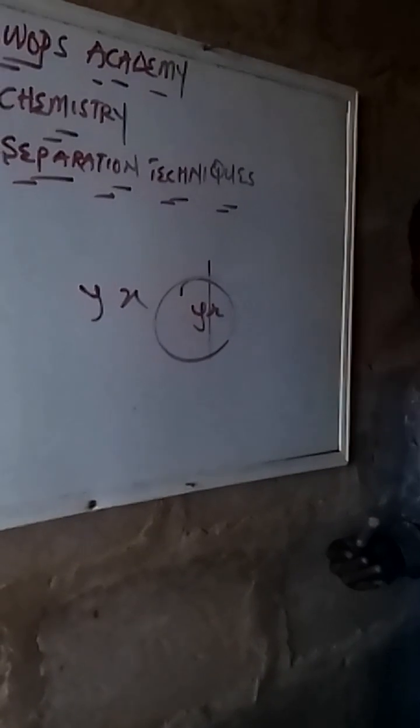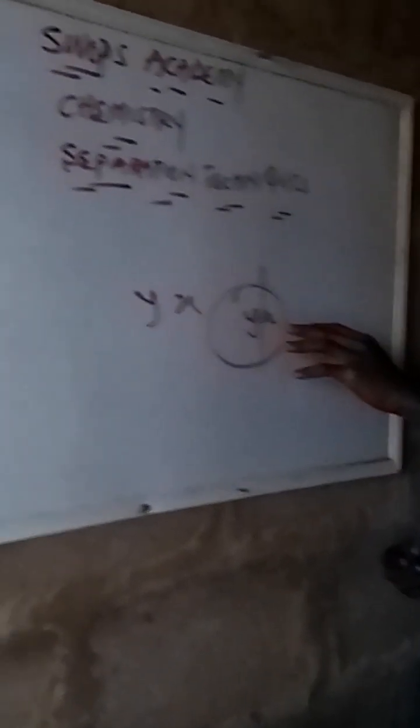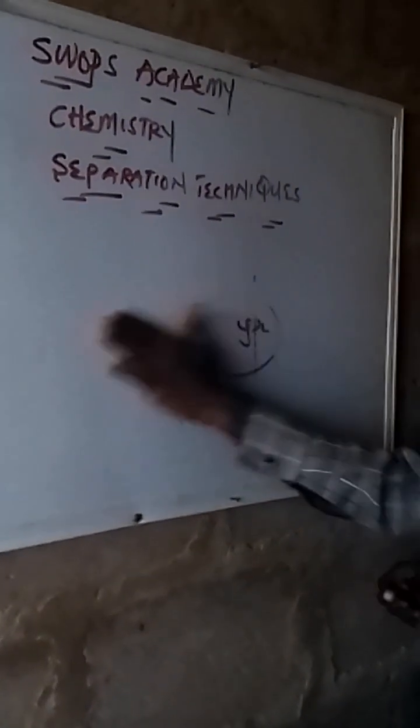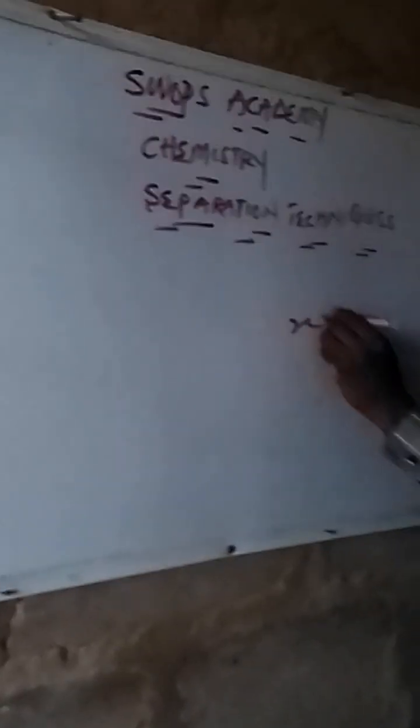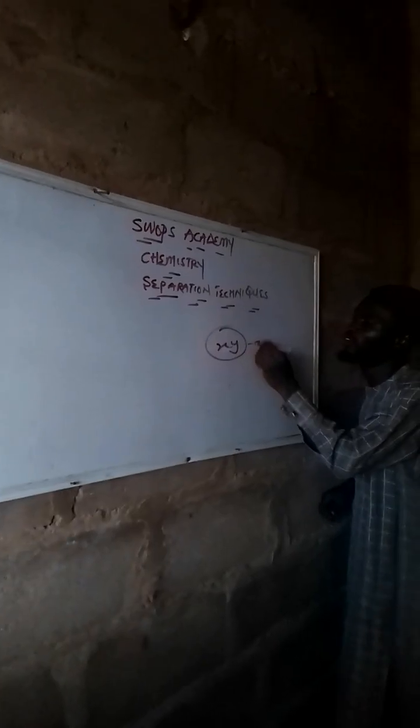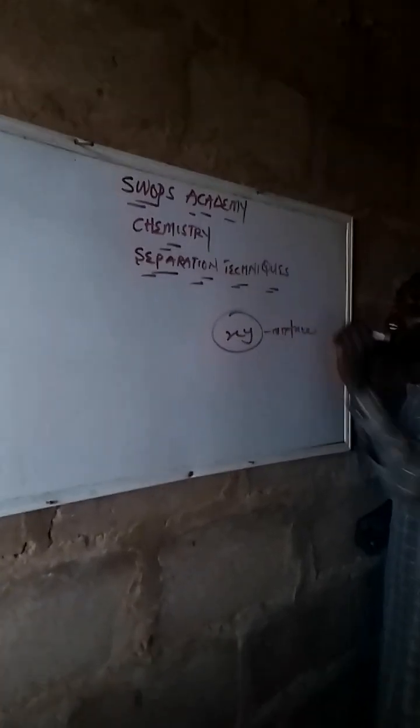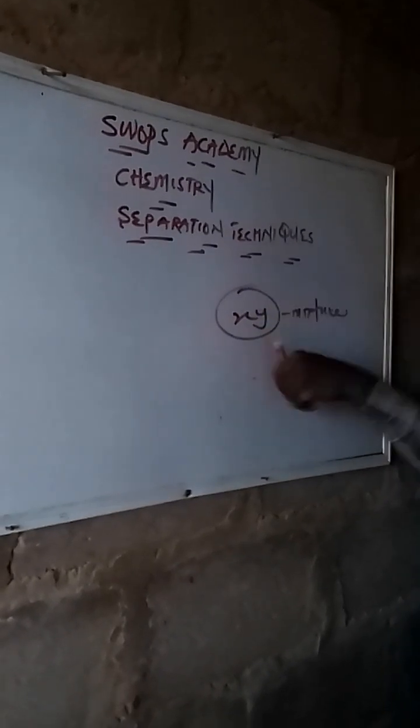What topic is going to tell us that? It is this aspect of separation techniques, this aspect of the lesson, that will tell us. That x and y is a mixture, and we have to segregate them, meaning separate them.